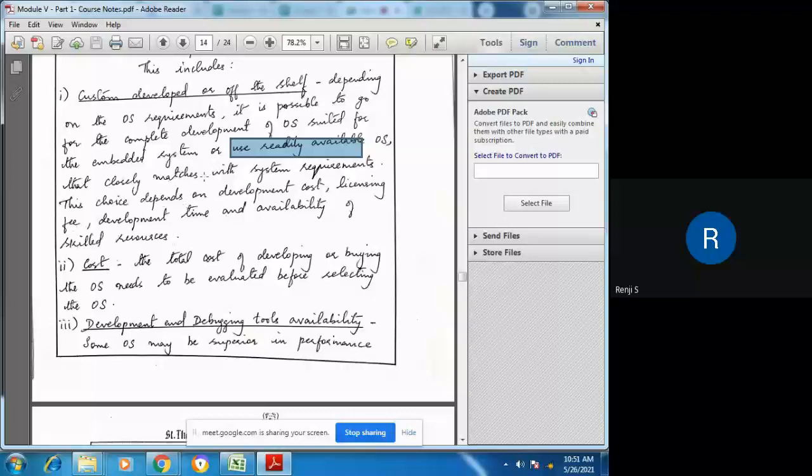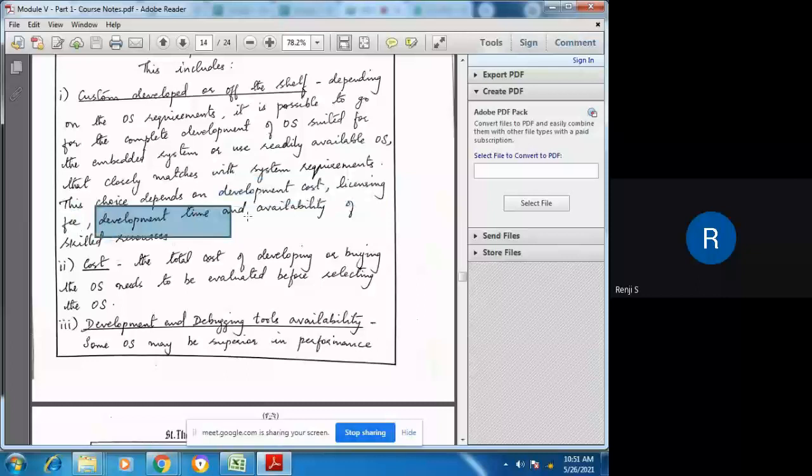So this choice of whether to buy or to develop depends on the development cost, the licensing fee, development time, and availability of skilled resource personnel. Depending on all these factors, whether the development cost is high or low, the cost of the licensing fee, the development time and availability of skilled personnel, we decide whether to develop the product or the complete environment, or to buy off-the-shelf components.